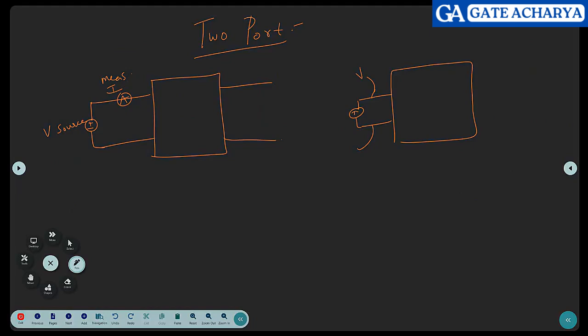Now this is the introduction for a 2-port. How will you make notes? Story is all fine, but you should make notes. After a couple of days, you will forget. 2-port means you try to characterize a component with a source and a measurement.